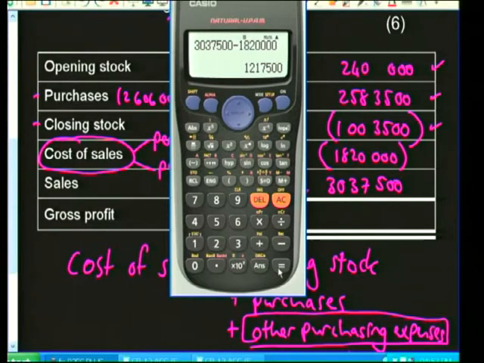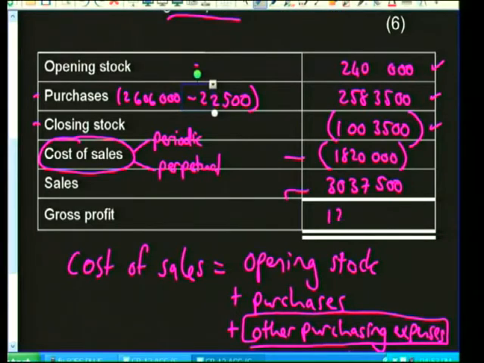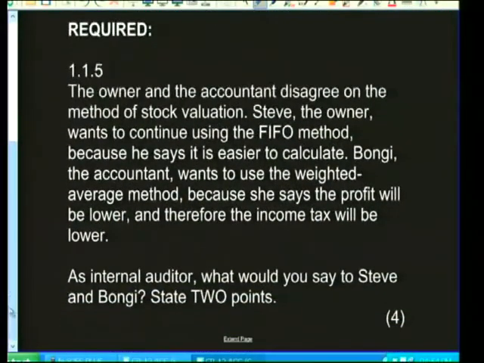All that's left for us to do is just to write it in the special answer sheet. 1,217,500. And there we have it, 6 marks collected. Make sure that you know how to calculate this gross profit, because there are some easy marks if you know your theory very well. The next question is a more detailed question relating to auditing.